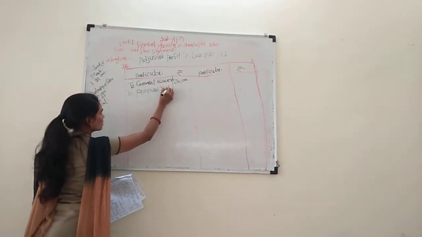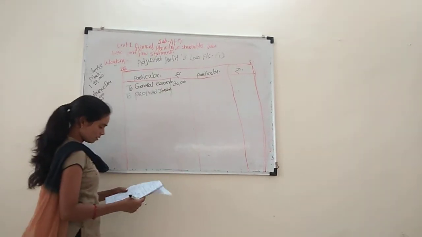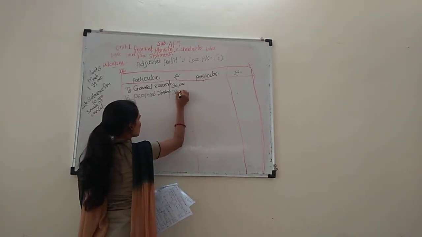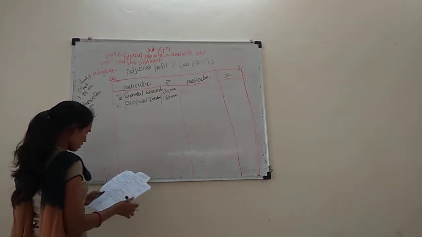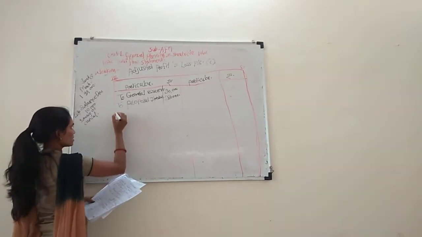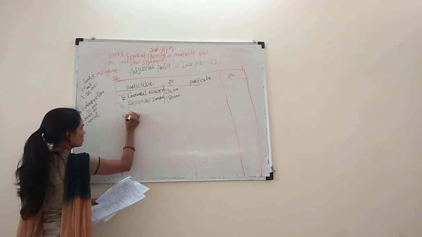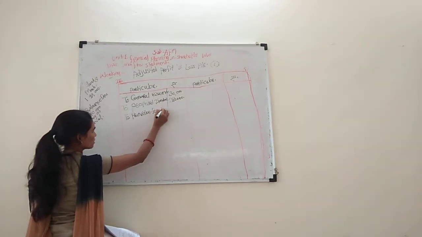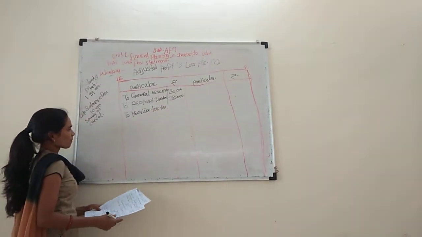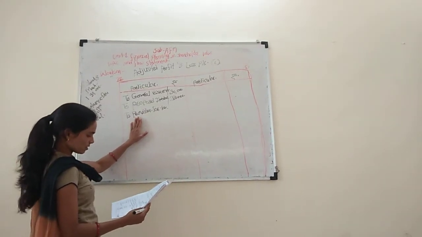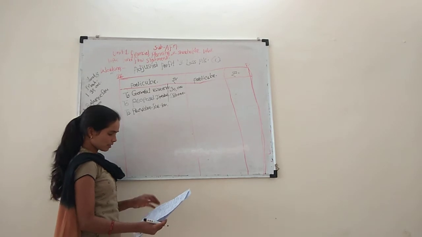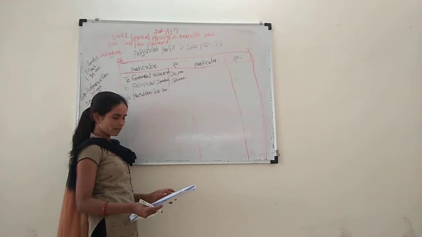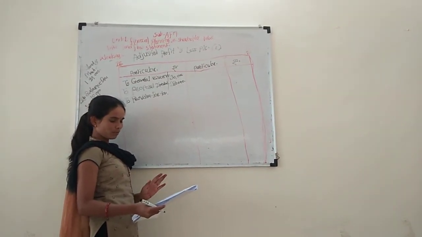And to provision for taxation. Show the balance sheet: 50,000.